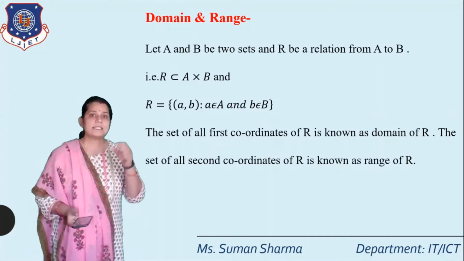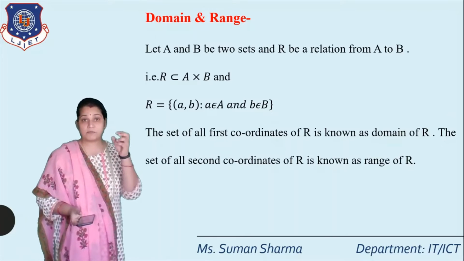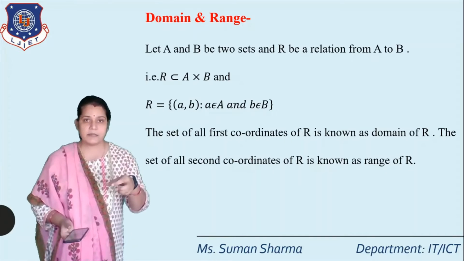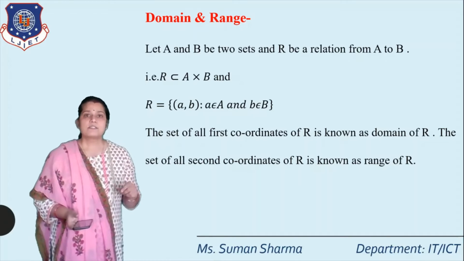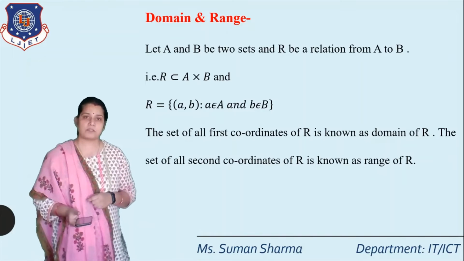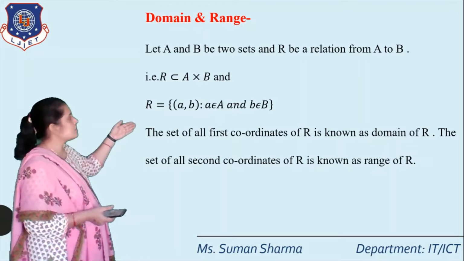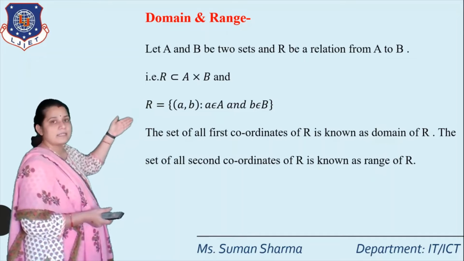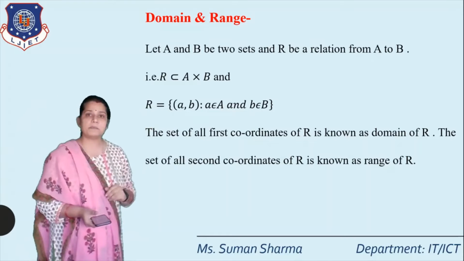Because R is a relation, and a related to b means the first element is from A and the second element is from B. So R is equal to (a, b), where a belongs to A and b belongs to B.